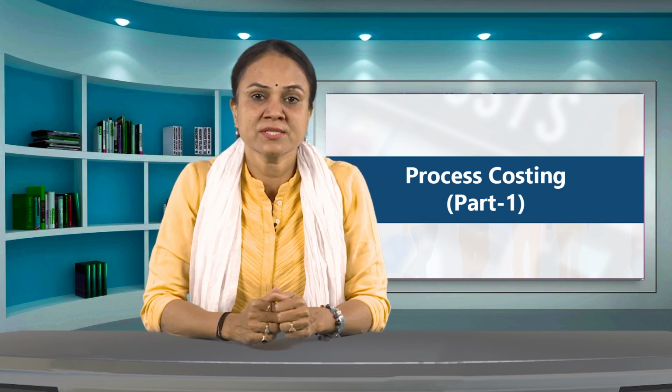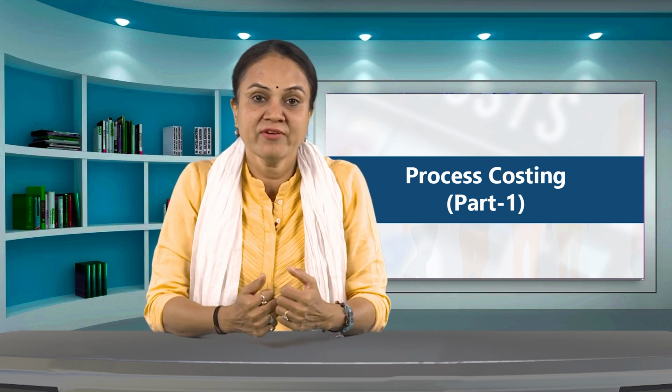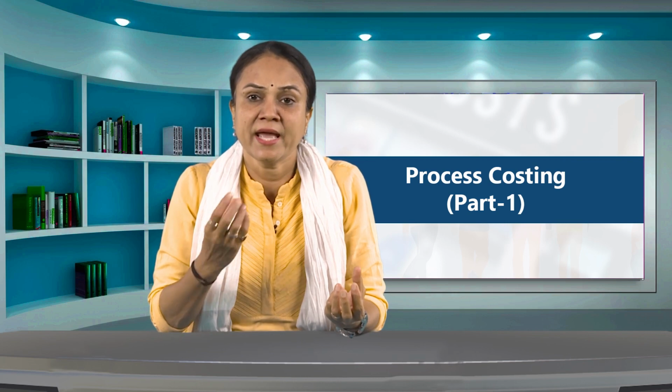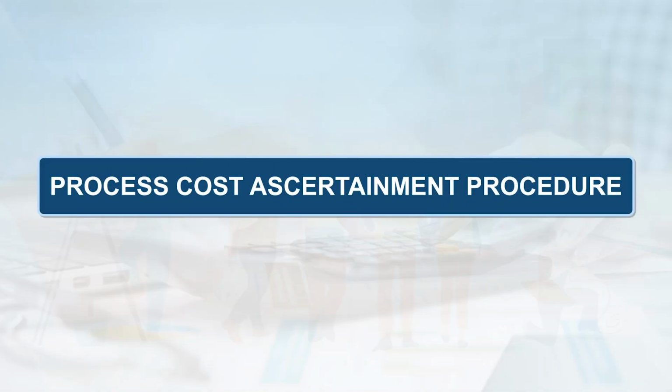For cost determination, proper order or procedure is to be followed. For process costing, a well-defined procedure should be followed to arrive at a very precise and accurate cost of each process. Let us see the procedure to be followed for ascertainment of process cost.